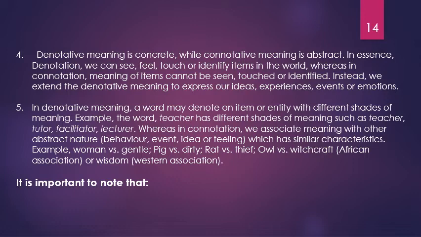While connotative meaning is abstract, because there is no one-to-one relationship between the word dog and a human, right? The meaning there is abstract. Therefore, the relationship between an object and what it represents is concrete. But if you are talking about the connotative meaning, you are referring to the abstract nature of meaning.